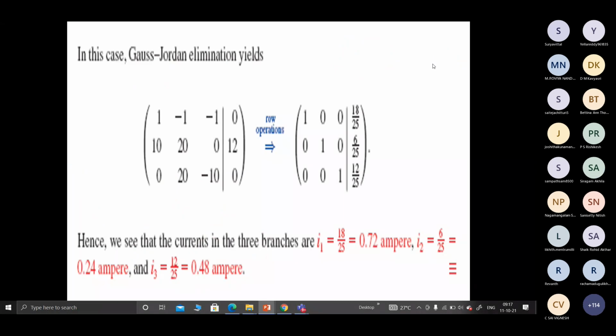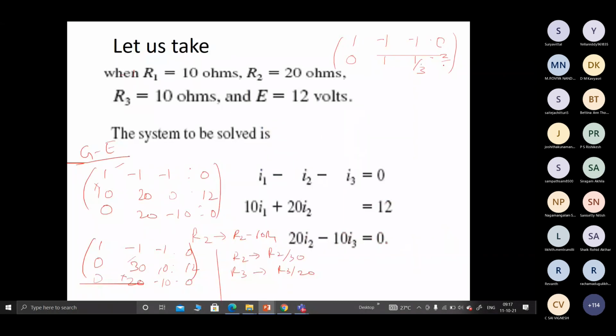So you have to adjust. Then 0, 1. How much? 1 by 2, minus 1 by 2. Okay. Then 0. Now finally, with the help of this, you make this 0.